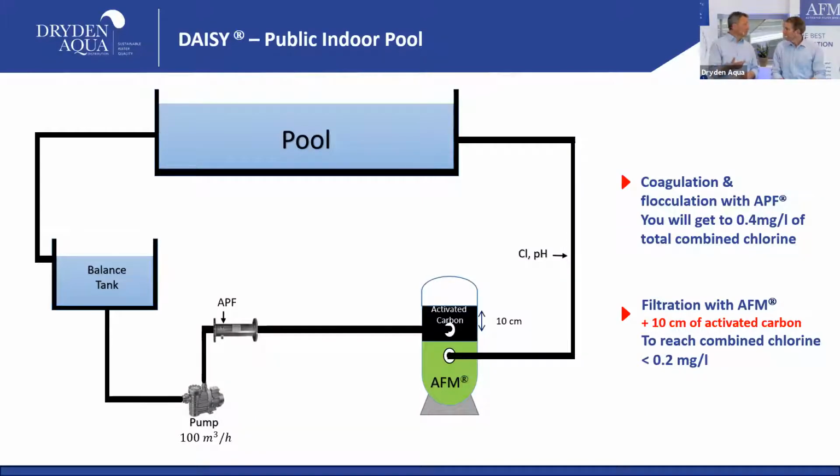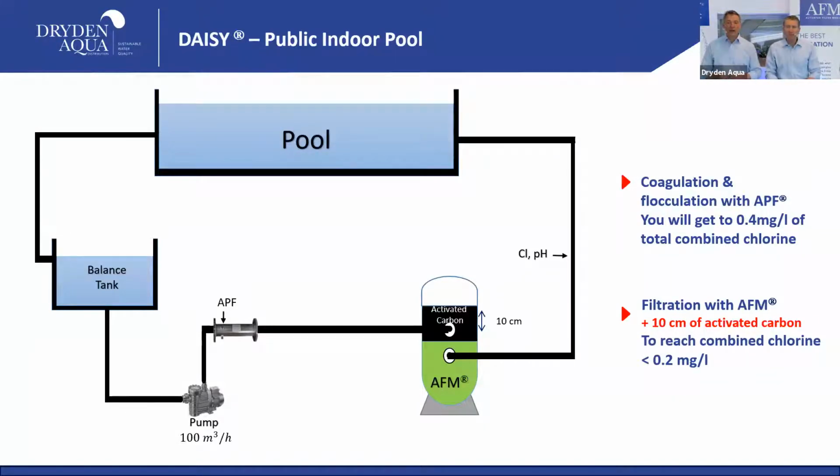And what are our solutions? We have 3 different solutions. One solution is the addition of a very shallow layer of activated carbon, which is also something that we had discussed in, I forgot, session 4, maybe also 10. 10 centimeters of activated carbon on top of the AFM filter bed will reduce the combined chlorine to below 0.2.